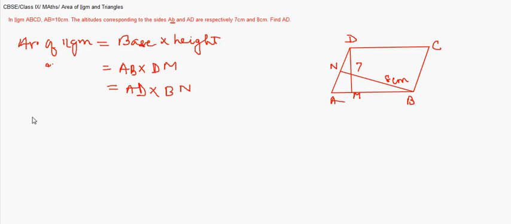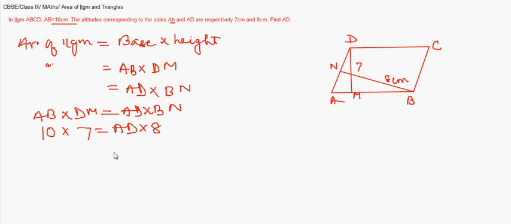So we can equate AB with DM and AD with BN. AB is given to be 10, we just substitute them. DM is 7, AD is to be calculated, BN is 8, that gives AD as 10 into 7 by 8. If we calculate, this gives out to be 8.75 centimeter.